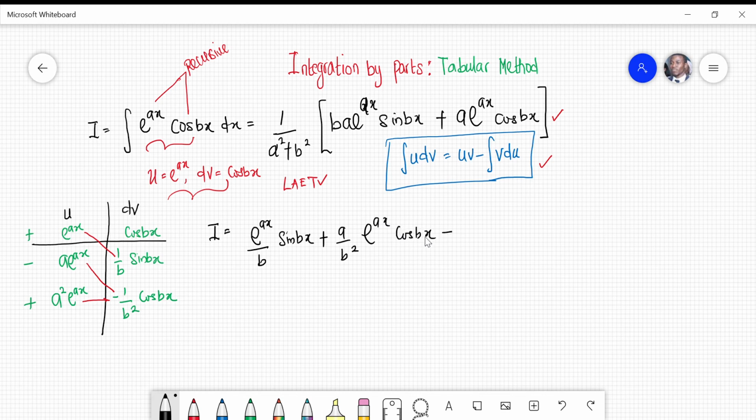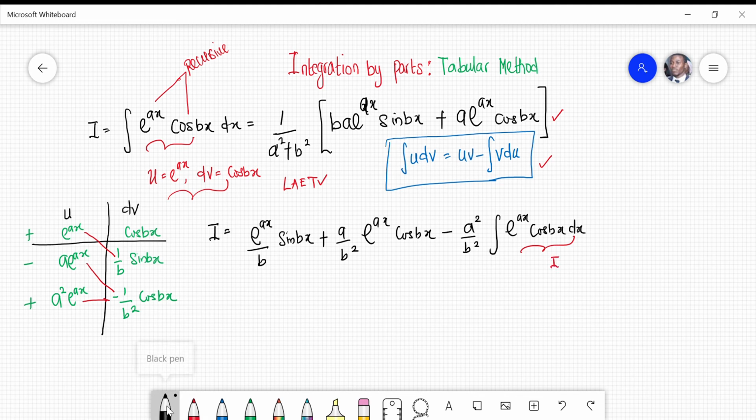And then the last one is this term together. You're going to take the integral of the last one always. You can check my video, I talked about how to use this as well. So a squared over b squared integral e to the ax cos bx dx. Exactly what I said. So this is our I, which is the question itself.